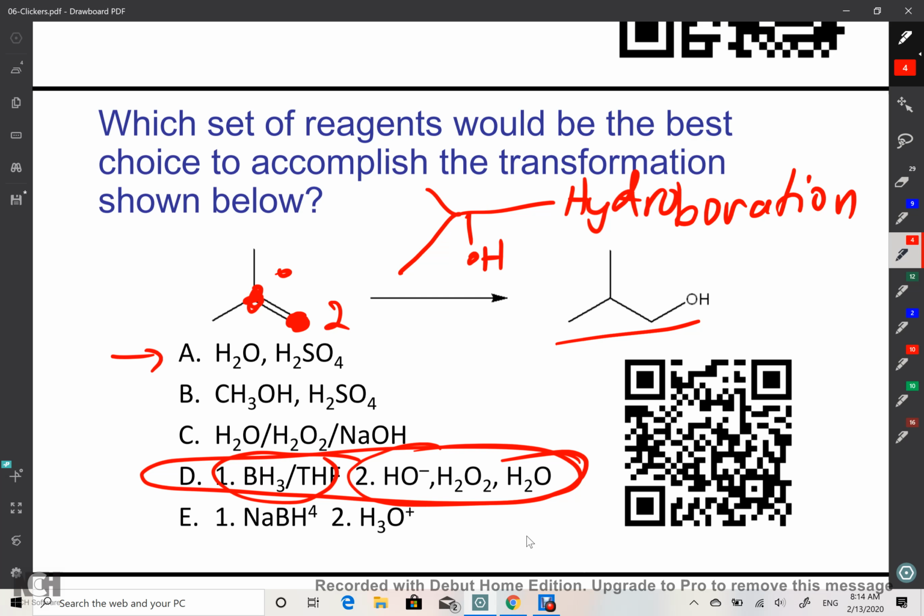How do I know that is a hydroboration? Well, we'll have a summary.